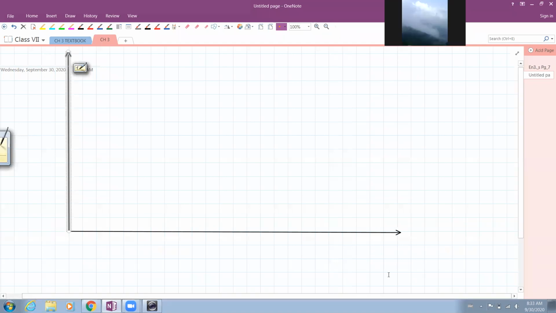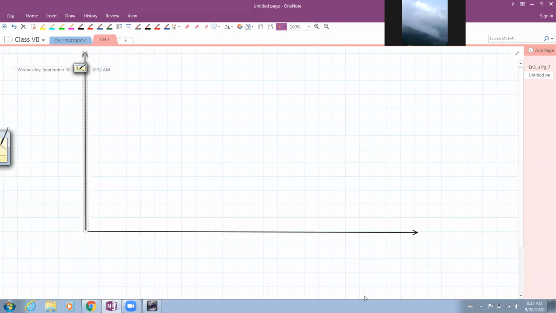And then I'm going to label. Before I start drawing, I'm going to label here. Let's take the classes along the horizontal axis. This here is capital O. Over here, I have the x-axis. Towards here, I have the y-axis.